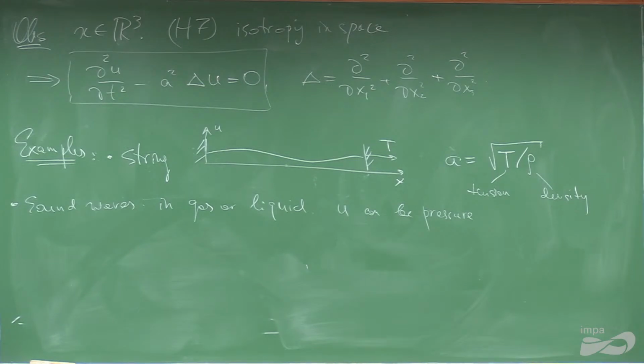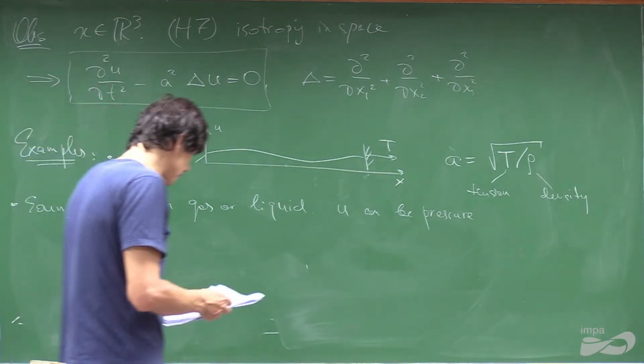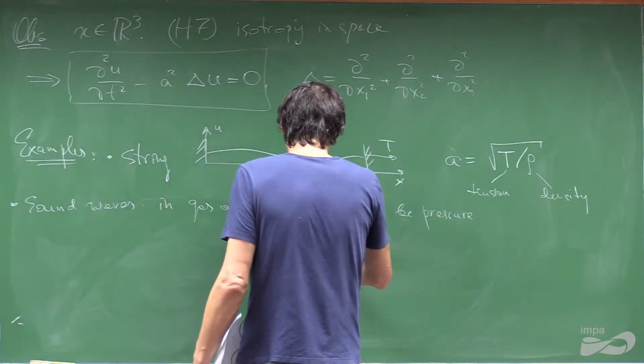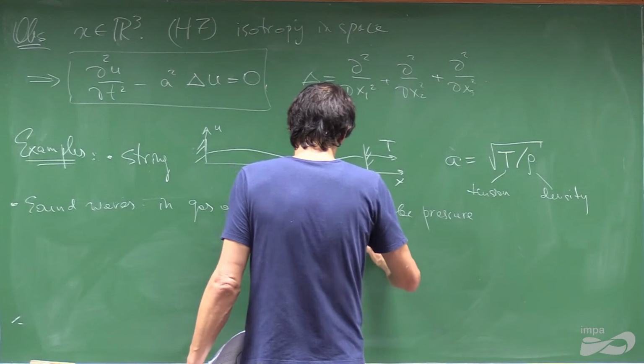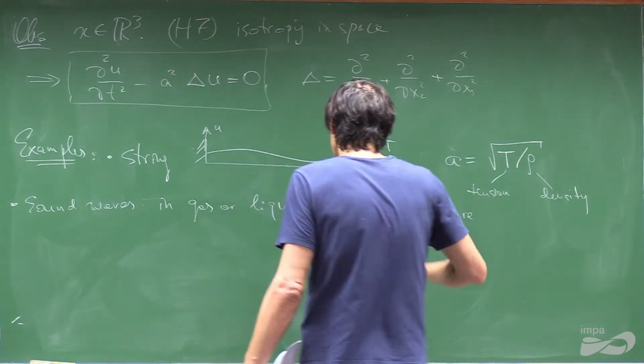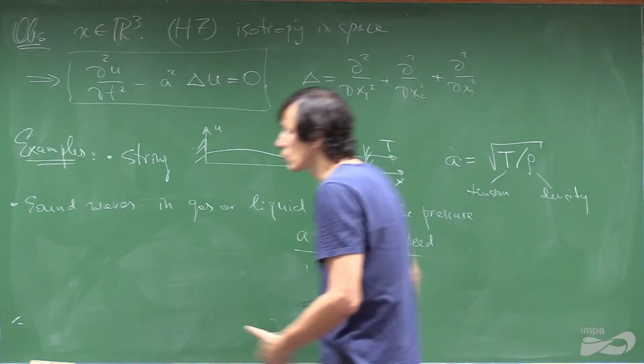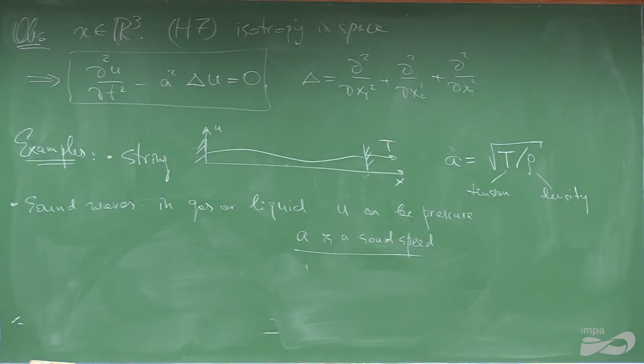In all cases you get the wave equation, and in that system a is really the sound speed. And in order to compute the sound speed for every system, you need the equation of motion. So if you need to find what a is, you need this equation of motion.